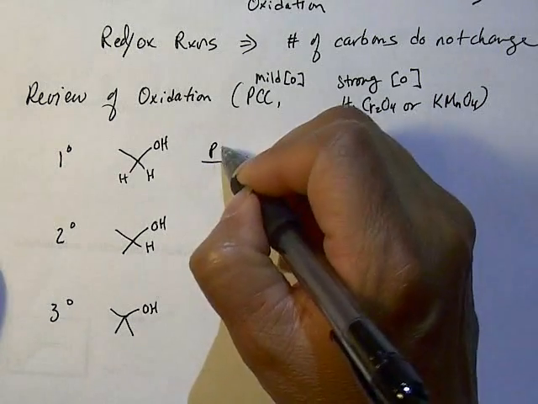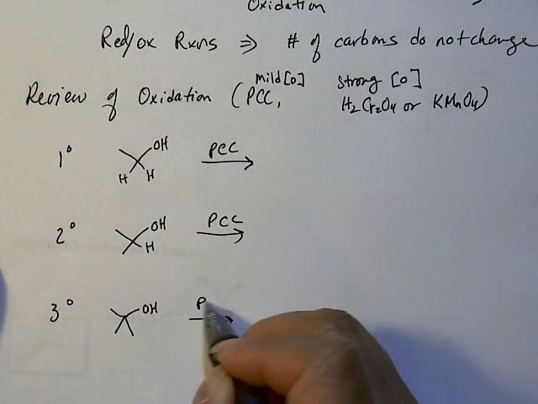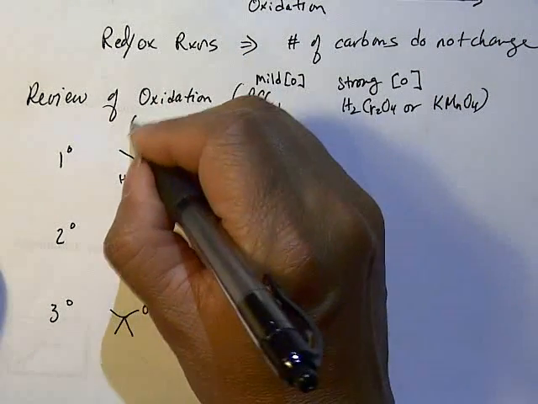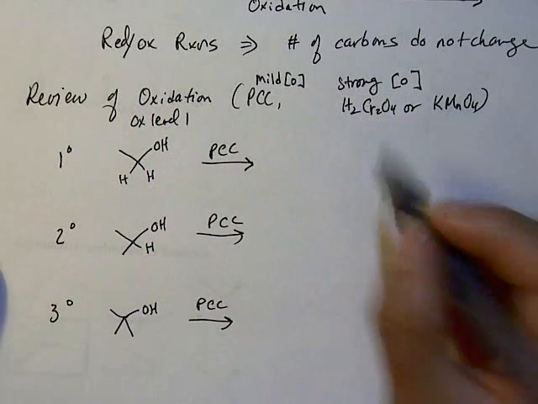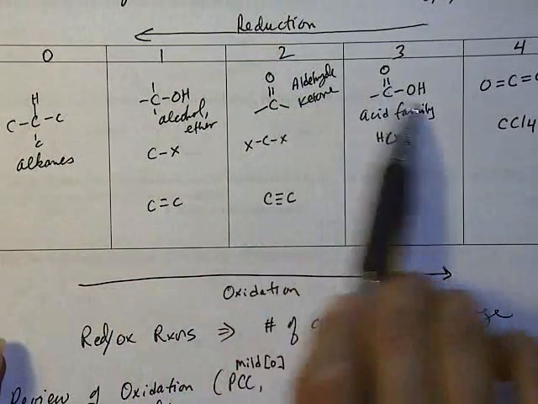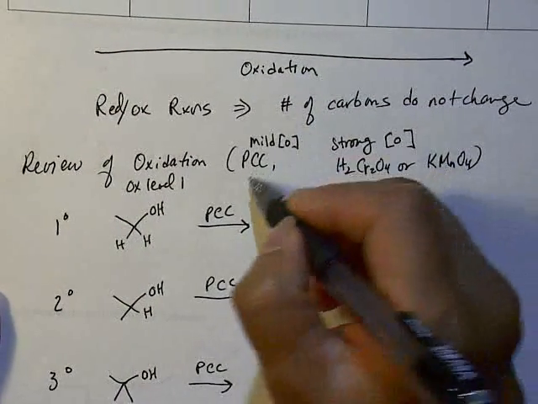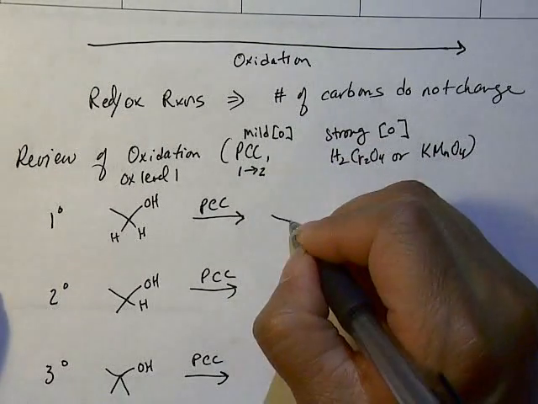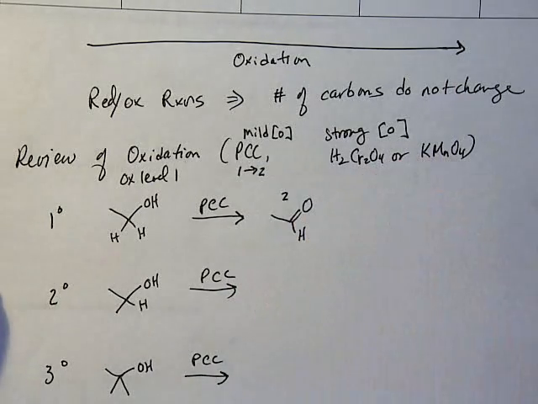So if you use PCC on these compounds, the oxidation level is 1 for all these alcohols. And because you're oxidizing, you're going from oxidation level 1 to oxidation level 2 or higher, correct? Because PCC is a mild oxidizing agent, it transforms from 1 to 2, which means that in this case, you're going to have an aldehyde, right? Which is oxidation level 2.